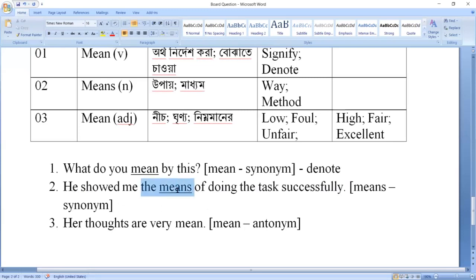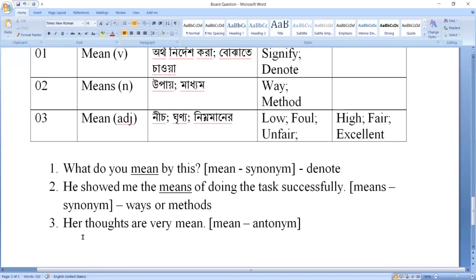So here means is a noun and gives the meaning উপায় or মাধ্যম, and here would be the synonym way or method. So you can write here the synonym of means, ways or methods, etc. There are so many words.